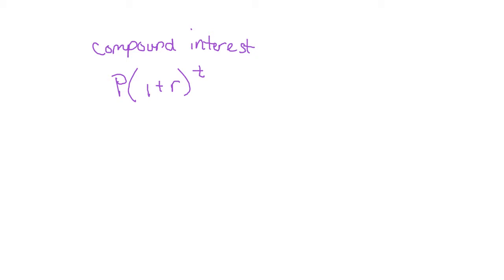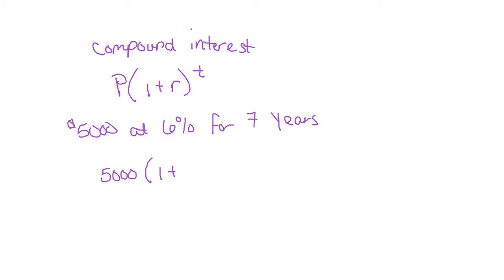So if we were asked to use the formula, let's look at an example. $5,000 at 6% for 7 years. Then we would say 5,000 times 1 plus 0.06 to the 7th power. Now how do we do this in our calculator?